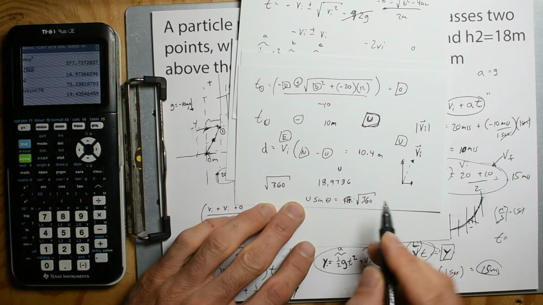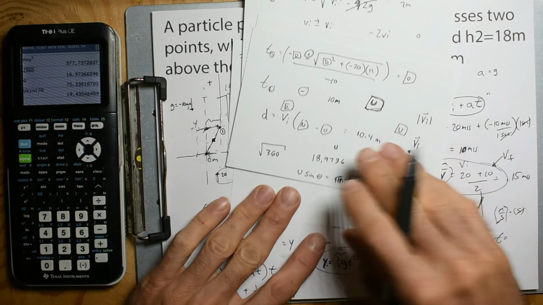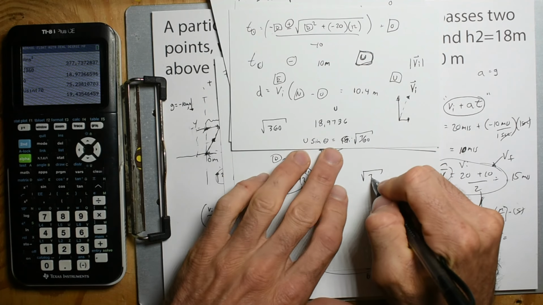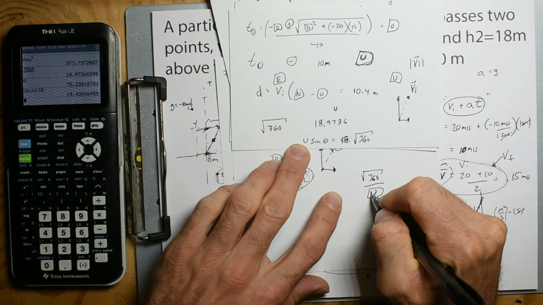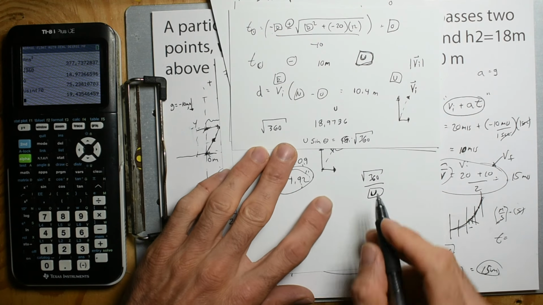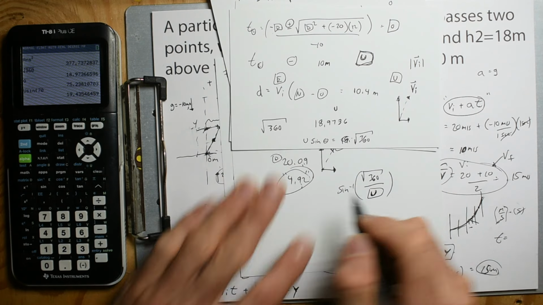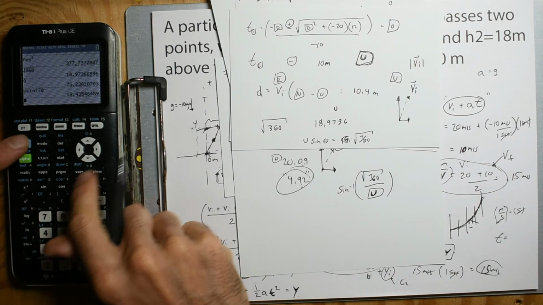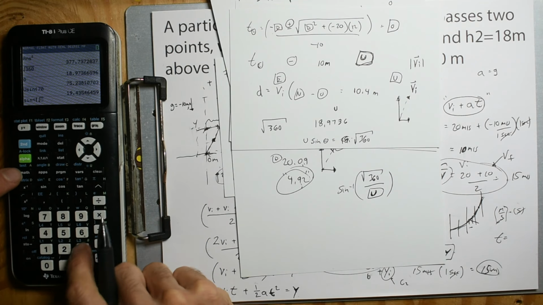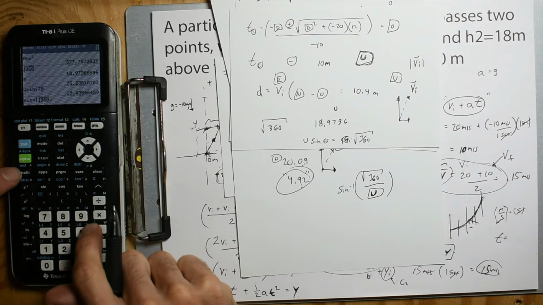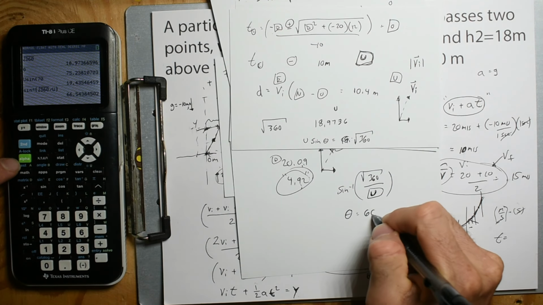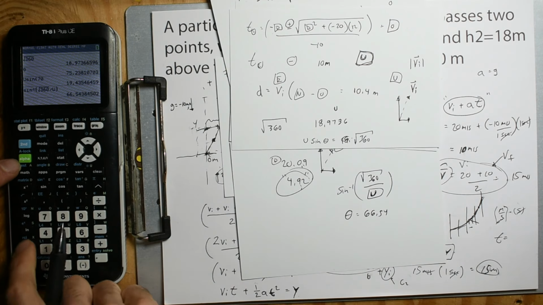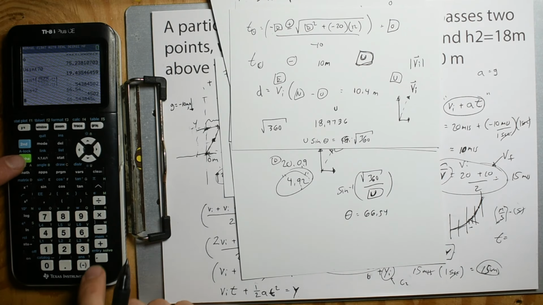So to get this angle, I'm going to take the square root of 360, divide it by this initial velocity, which I'm putting as the letter u in my calculator, and then take the inverse sine. So the inverse sine of the square root of 360 divided by alpha u gives me an angle of 66.54. So I'm going to store that as alpha z.